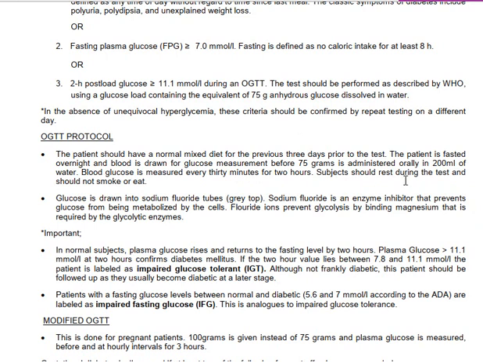The subject should rest during the test and should not smoke nor eat. The blood is drawn into sodium fluoride tubes.